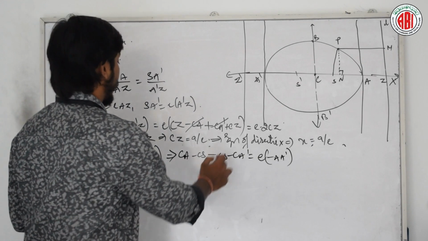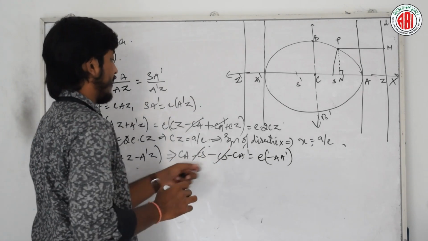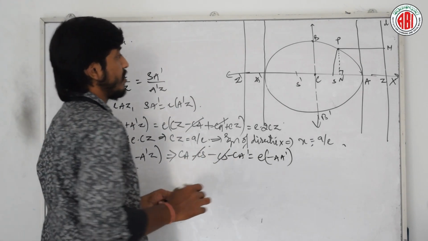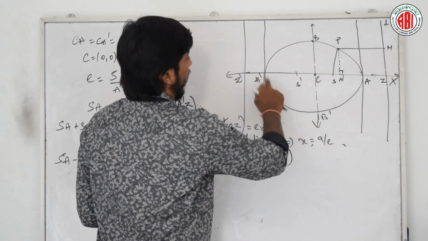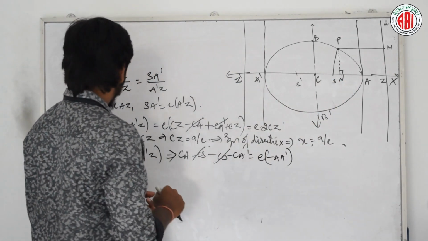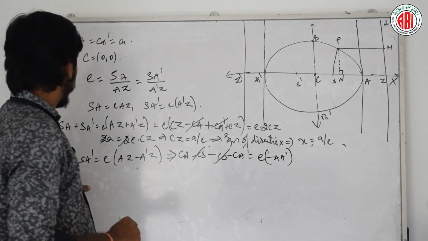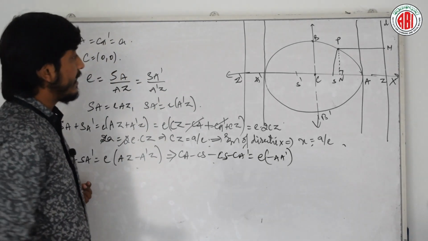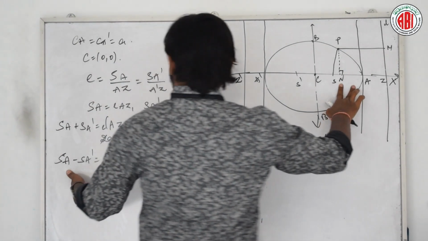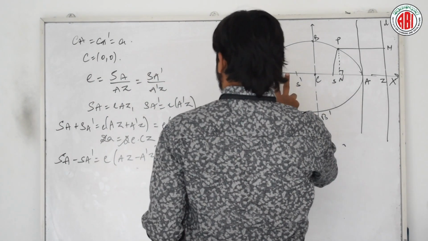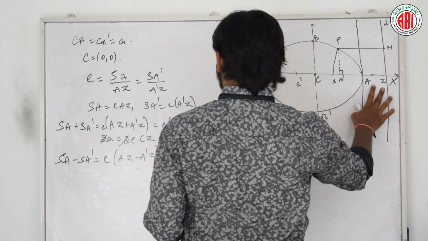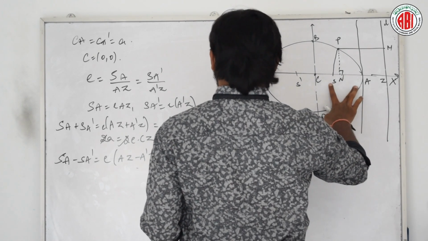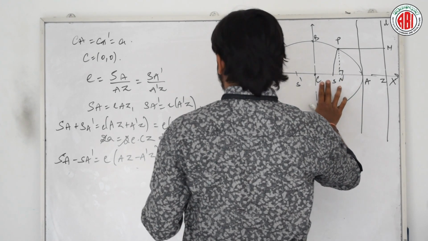Now, even if you observe here, CS will get cancelled. CA minus CA dash. What will it be? Let me check here. What is SA? SA is AA dash, or else SA can be written as CA minus CS, right?